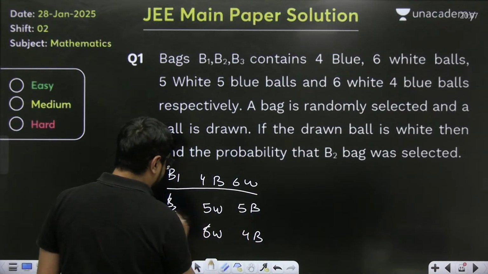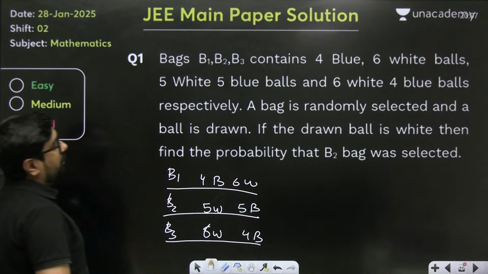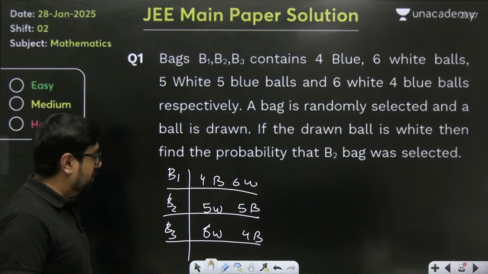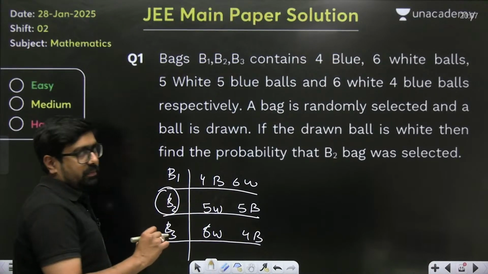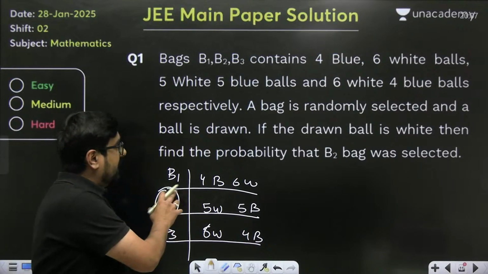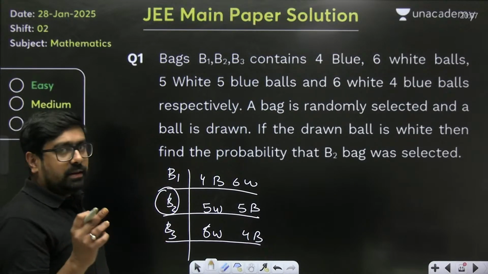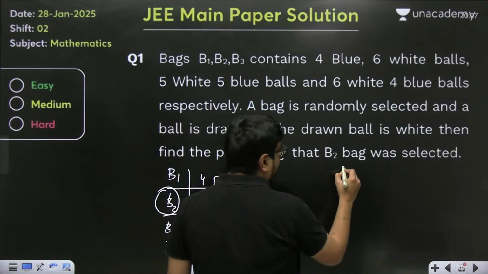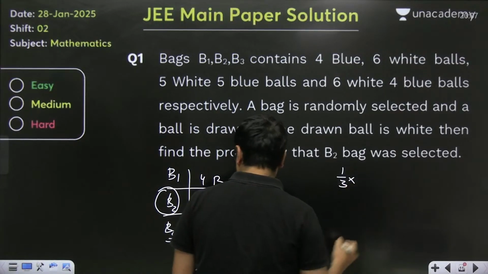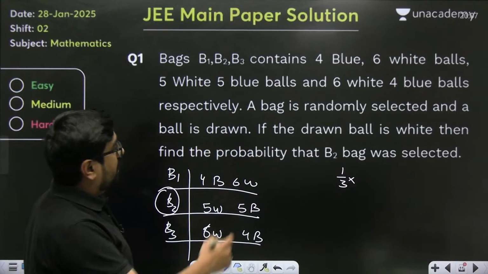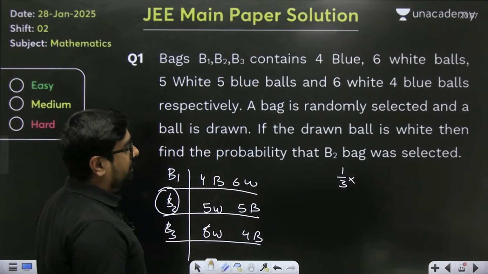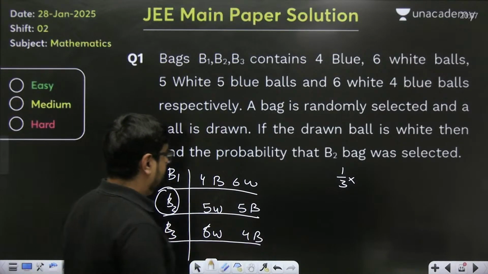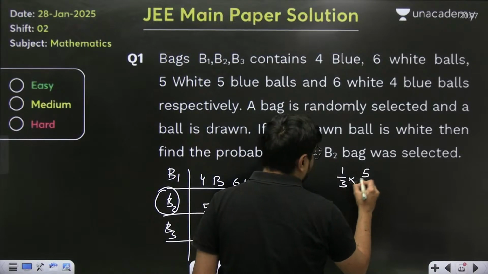This is the data. Now a bag is randomly selected, so the probability of selecting any one bag will be 1 by 3. So in the numerator we are going to get 1 by 3 multiplied with the probability of selecting a white ball from bag 2, so 1 by 3 multiplied with 5 by 10.